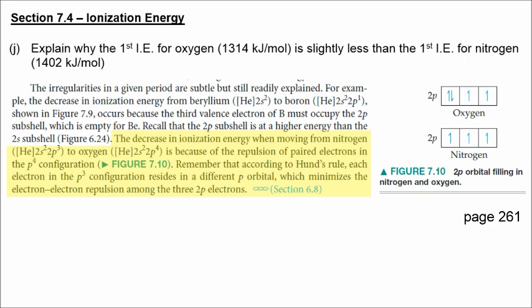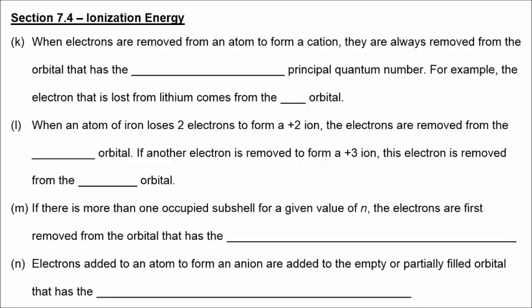So the idea is that those two electrons that are occupying the same orbital in the p4 configuration of oxygen, there is a little bit of repulsion making that electron slightly easier to remove.